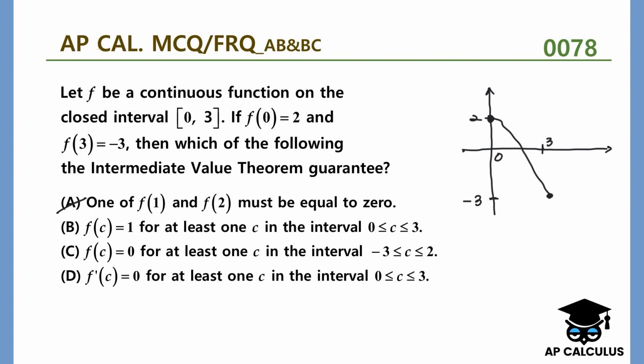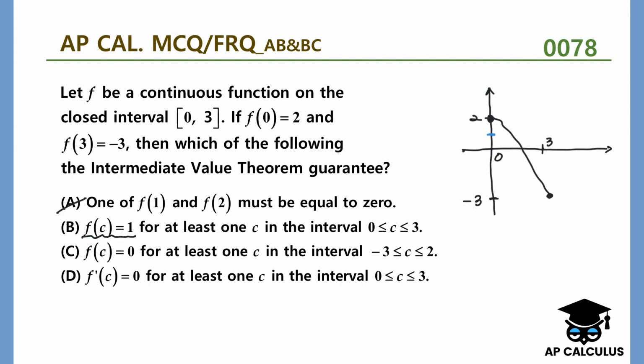Okay, B. F of c is equal to 1, y is equal to 1, for at least one c in the interval from 0 to 3. That is true, right? That is what the intermediate value theorem is about. Here, y is 1, which is between 2 and negative 3, or negative 3 and 2, right?